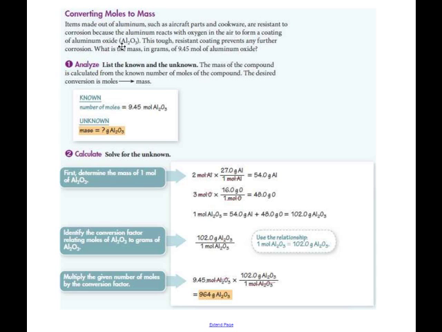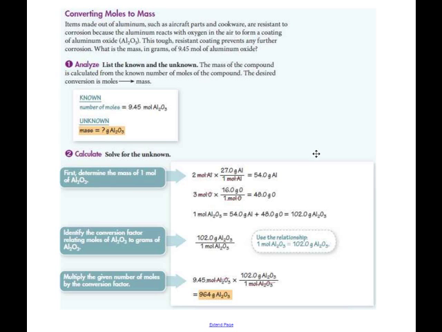If I had 5 cups of jelly beans and each cup had 2 green jelly beans and 3 red jelly beans, then I would have a total of 2 times 5 green jelly beans, that's 10, and 3 times 5 red jelly beans, that would be 15. Same thing here, if I have 1 mole of aluminum oxide, that means I have 2 moles of aluminum atoms, 3 moles of oxygen atoms.